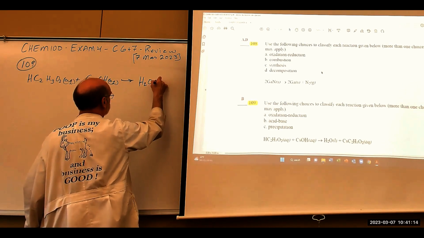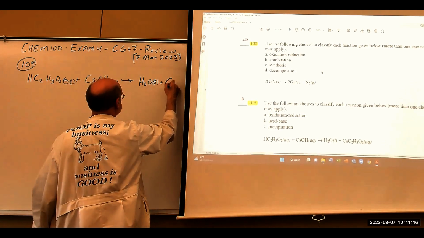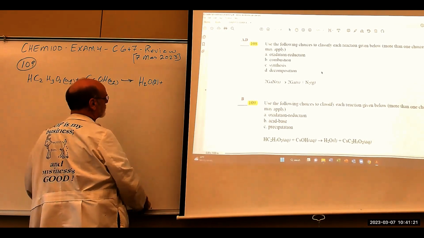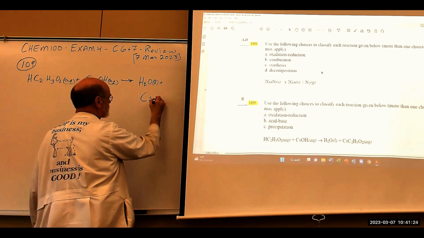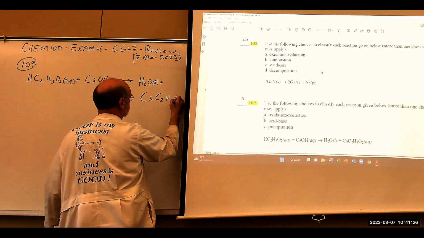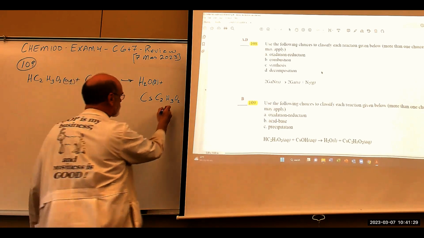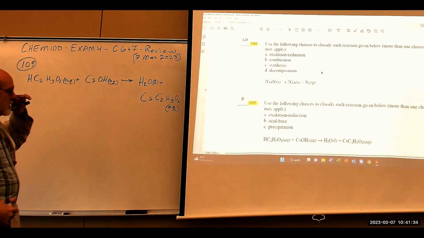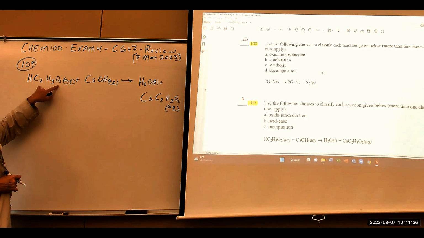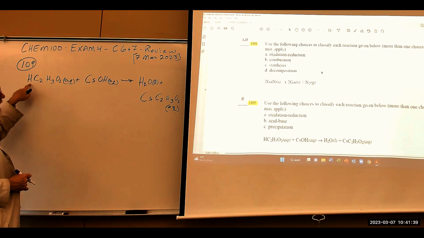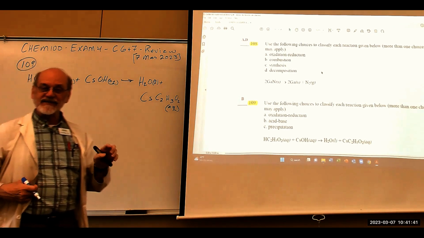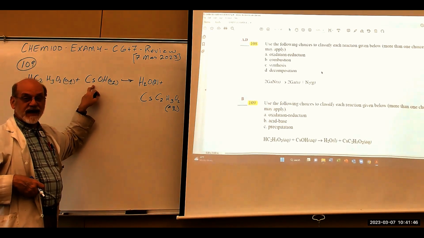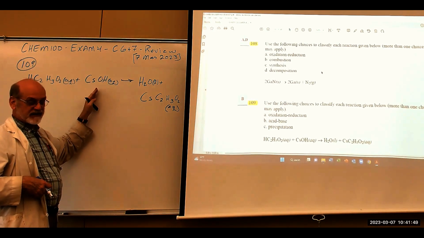Water plus cesium acetate, aqueous. Okay, notice that this is the acetate polyatomic ion with a hydrogen in front of it, which means it's an acid. That's acetic acid. This is cesium hydroxide, acid base.